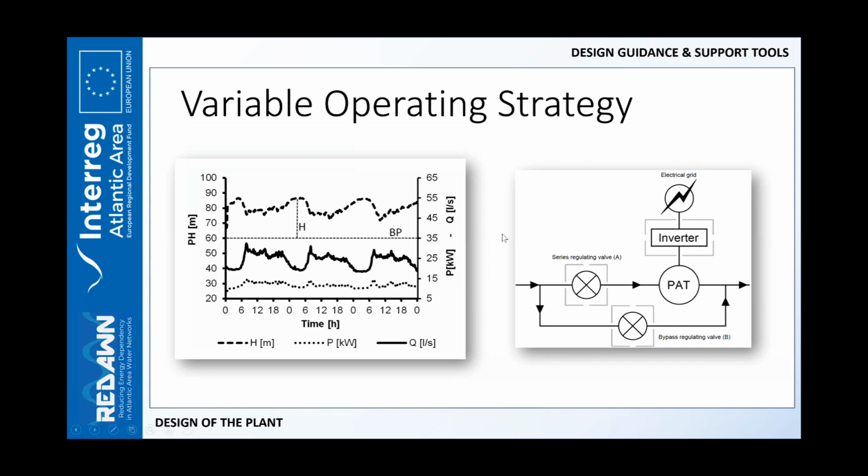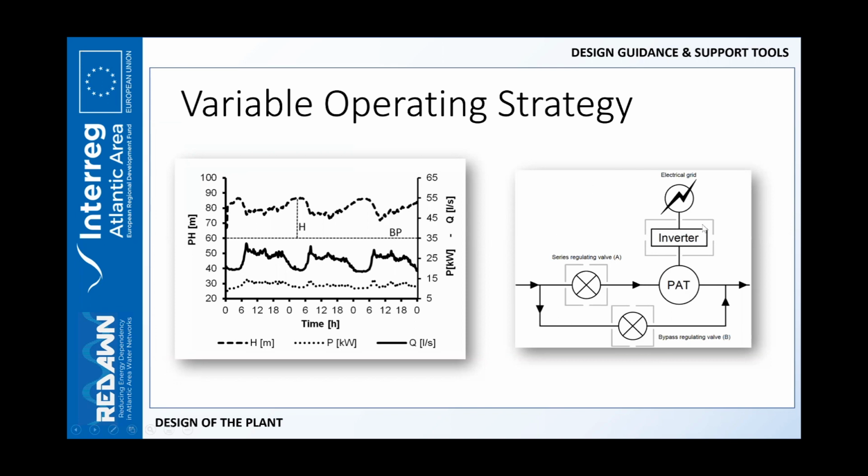As you can see here on the right side, we put a PAT along the main stream of water, but a PAT itself has no regulation devices. So the PAT is placed in series with a valve. Another valve is placed as a bypass valve, and a specific electric device, I call it inverter or speed driver, is also used to regulate the system.